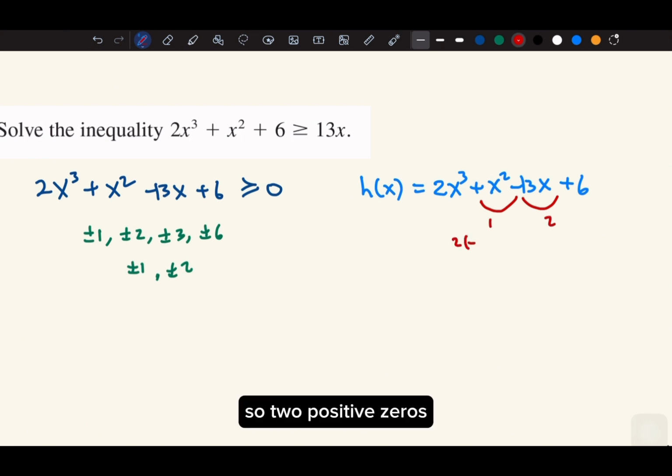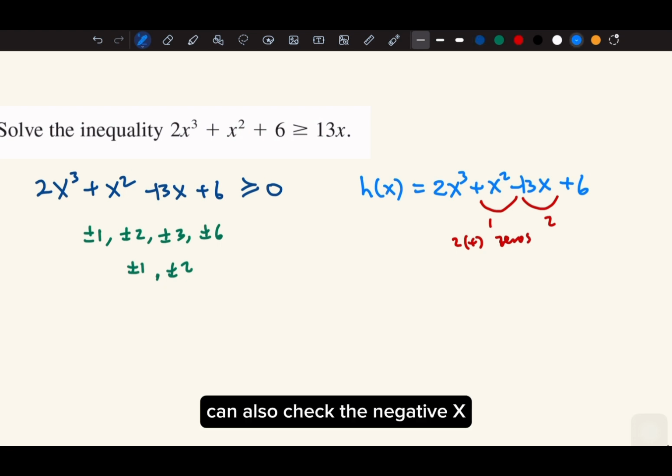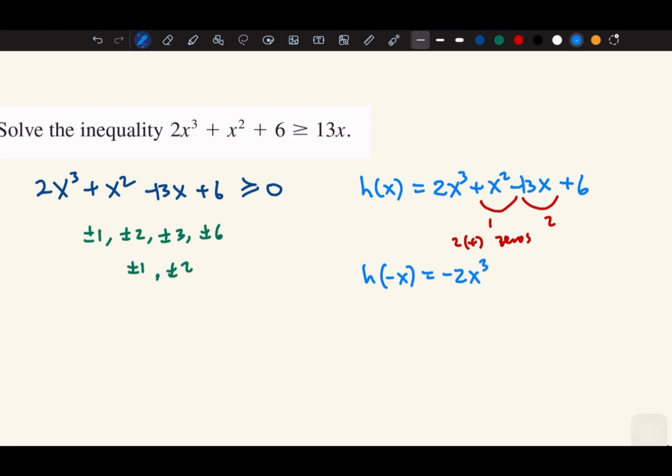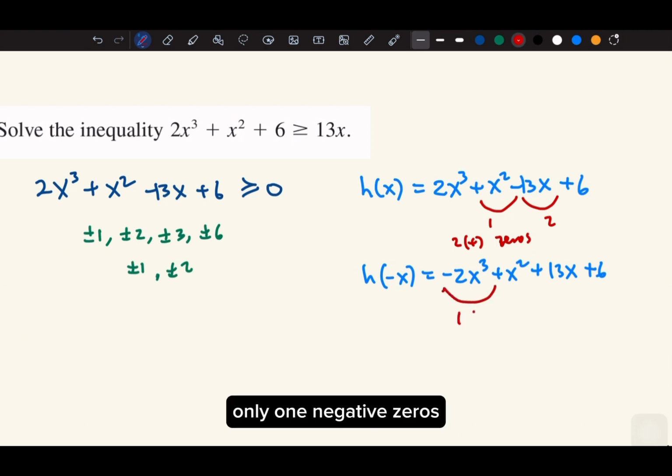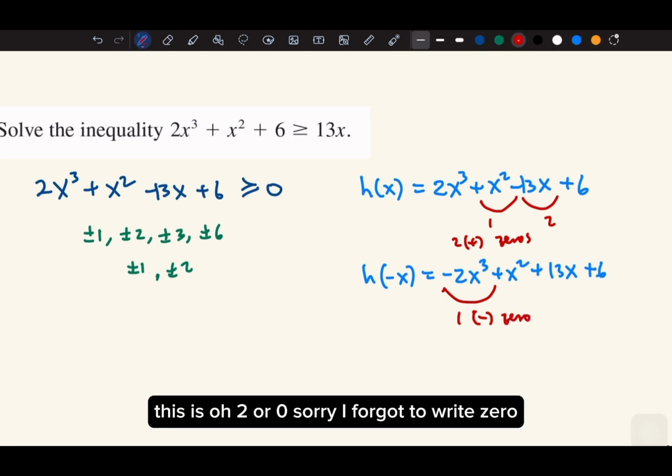So 2 positive zeros. You can also check the negative x. Only 1 negative zero. This is 2 or 0. Sorry, I forgot to write 0.